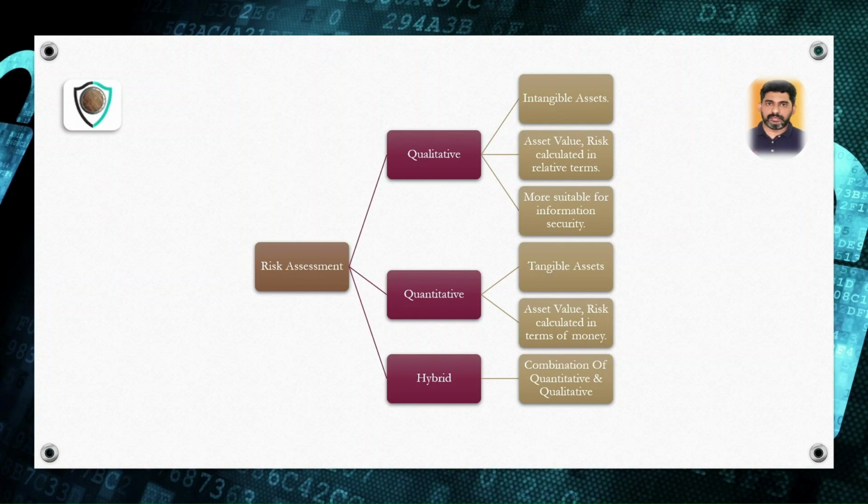So the fundamental difference between qualitative and quantitative is in qualitative, risk and asset value is calculated in terms of high, medium, low, etc. Whereas in quantitative, the asset value and the risk is calculated in terms of money. So we have already discussed qualitative. Now we will go to quantitative.